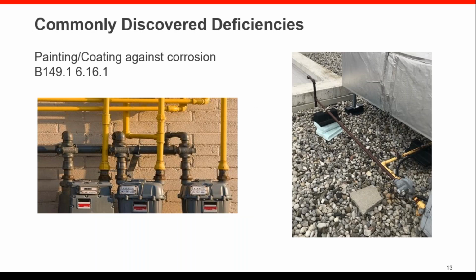So looking at painting and corrosion, there's kind of the good and bad examples here. A good paint job that protects the piping. The one on the left, a bit of the not so good. It's piping that requires some painting and or coating to protect it from corrosion.